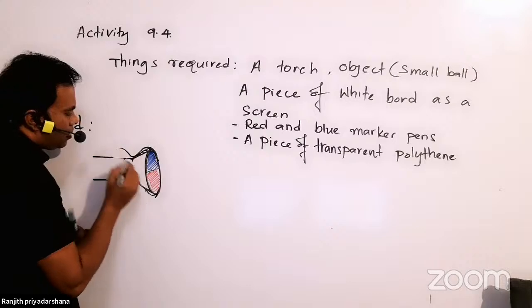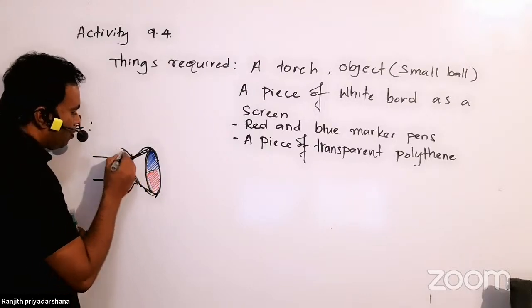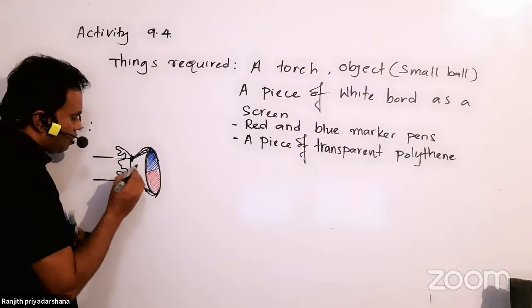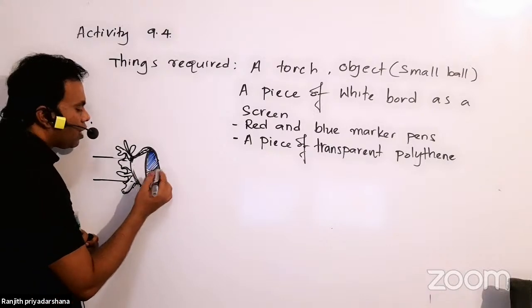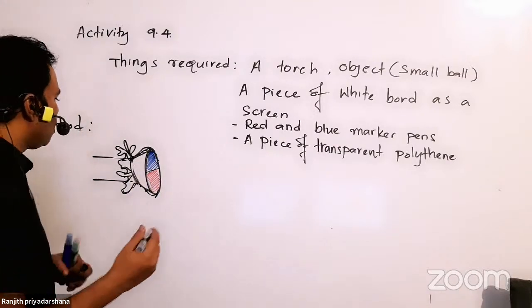You keep the polythene like this, just like a toffee. This is how you can see that. The thread you use to tie that, and you have to color it with blue, upper blue and lower red. You write the method.